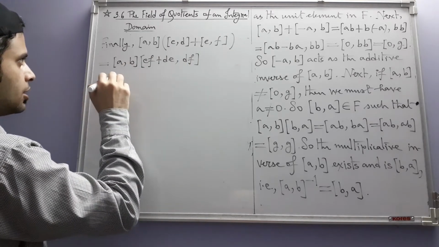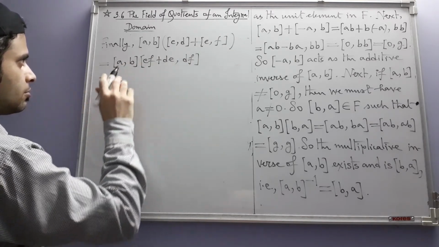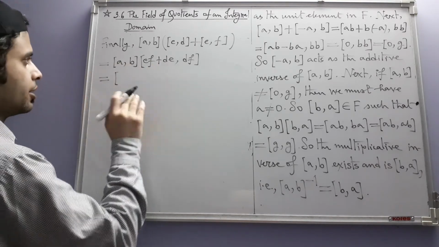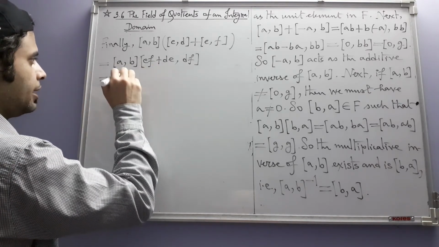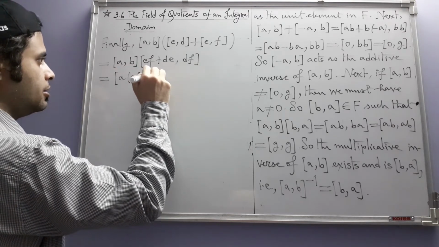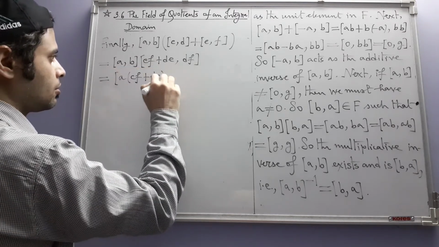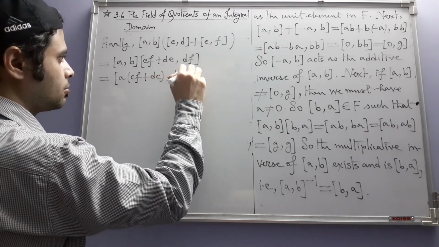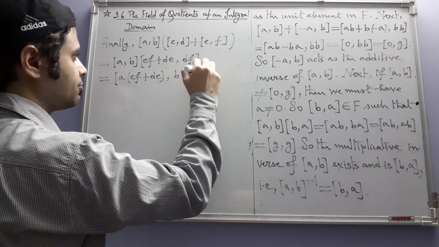So this is equal to, note that this is multiplication now, a times (cf plus de) and b times df.